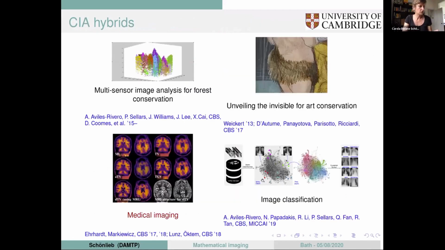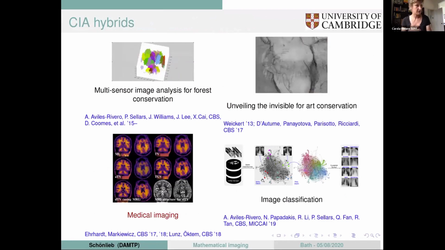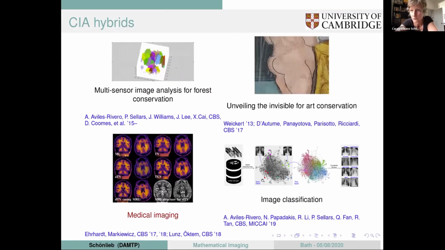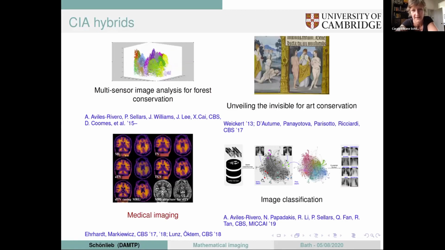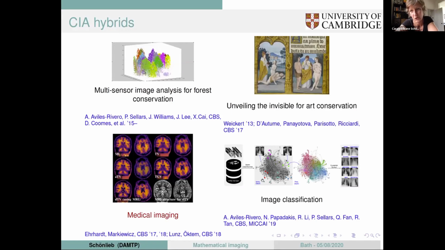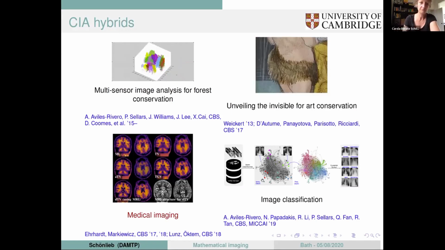So what I want to do in the remaining 10 minutes, I guess, is to give you just two examples of something that is still not optimal. It's not totally part of the table I've shown you before, but we hope that we are getting close. Okay. And the first example is from medical imaging.